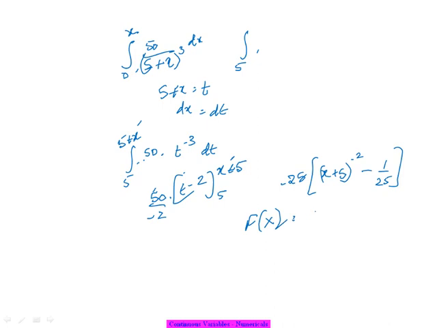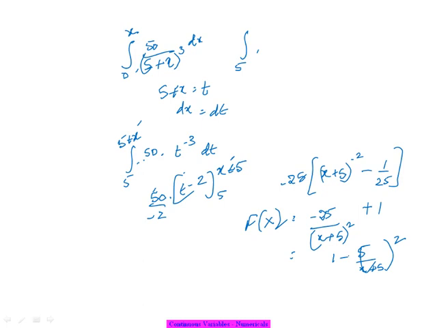So probably if you want to simplify, it is nothing but minus 25 by x plus 5 whole square. And if you go inside, it is 1. So probably you are calling it as 1 minus 5 by x plus 5 whole square.